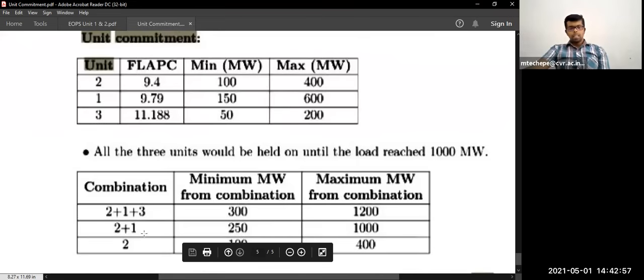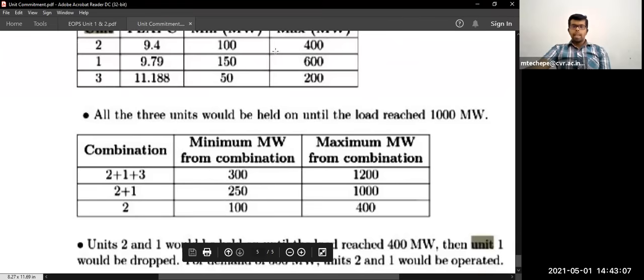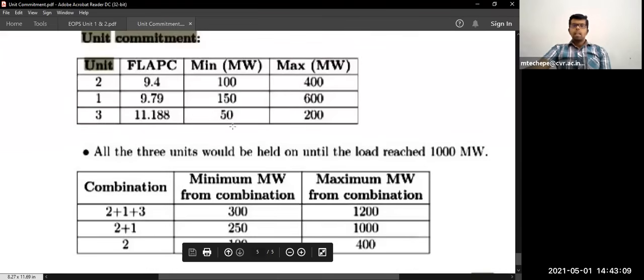The combination we have taken, 2 and 1, also covers 100 megawatt. Next, 2 alone: 100 megawatt. That combination also we can easily go for.